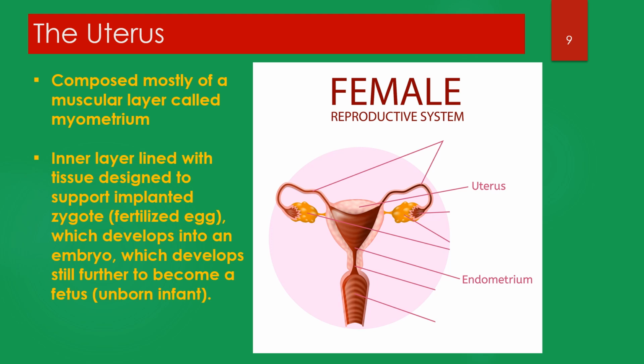It mainly consists of muscle called the myometrium, but is lined with an endometrial layer that provides the tissue for implantation of a fertilized egg that turns into a zygote and later an embryo and still later a fetus. If no egg is fertilized, the endometrium sheds each month, called menstruation. This begins another cycle which must be triggered by the release of hormones from the pituitary in the brain.